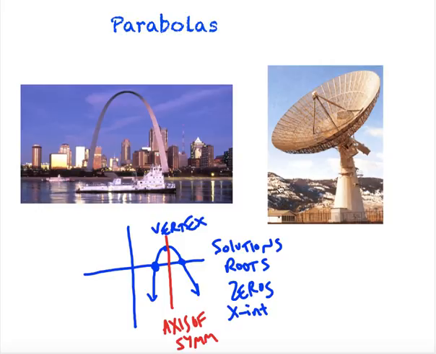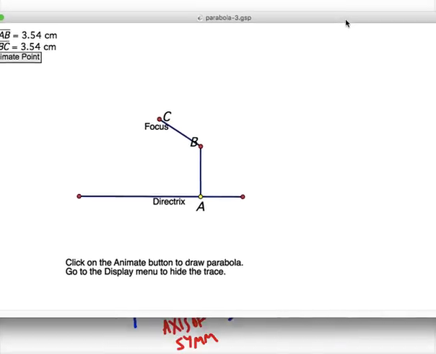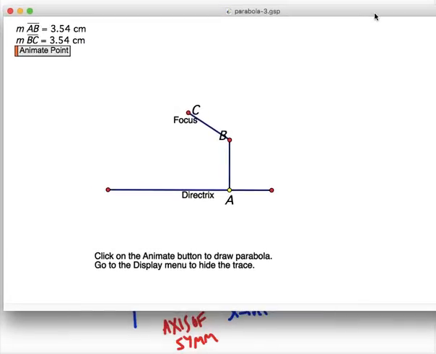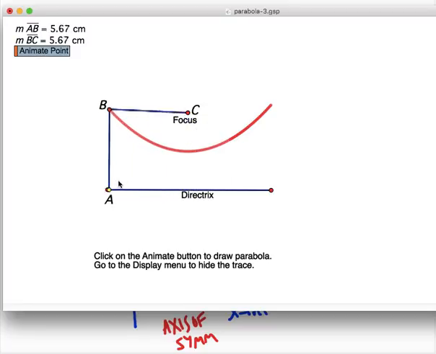But we're going to approach parabolas from a different point of view now. So here's a little demonstration of a new way to graph a parabola. Okay, so point B, when it reaches the very minimum here, that's the vertex.